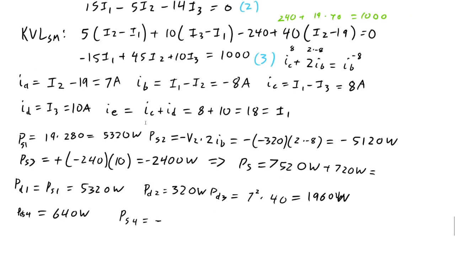Yes, okay. ID was 10 amps, and we have 18 amps flowing through it. So 40 times 18, 720. Yeah, so power check satisfied.